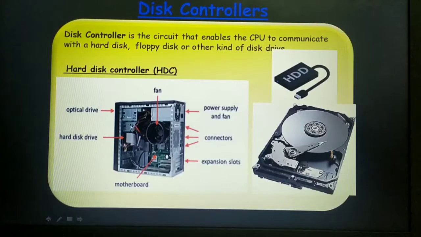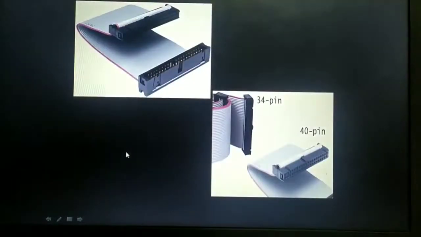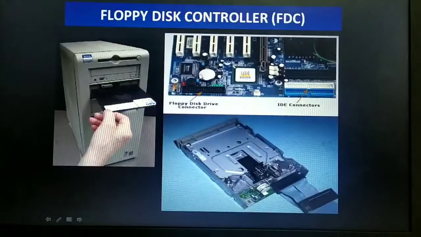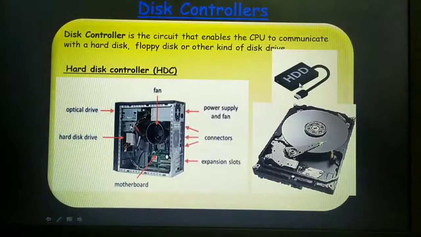If it is an IDE hard disk controller, then usually it is connected to the motherboard by using this 40 wire ribbon cable. And if it is IDE, then the data transfer would be 25 megabits per second. That means the data transfer between this hard disk drive and your CPU will be 25 megabits per second.